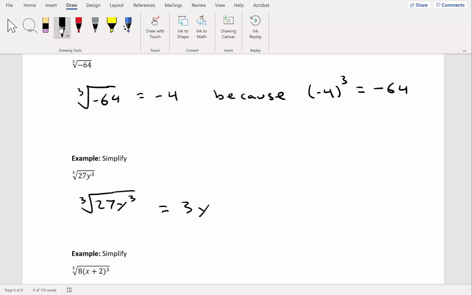Well, y raised to the third power gives me y to the third power. So my answer here is 3y. Even though we have a variable, since it's not a square root, it's a cube root, I don't need the absolute value there. This is just equal to 3y. This is because 3y raised to the third power actually gives me 27y cubed.